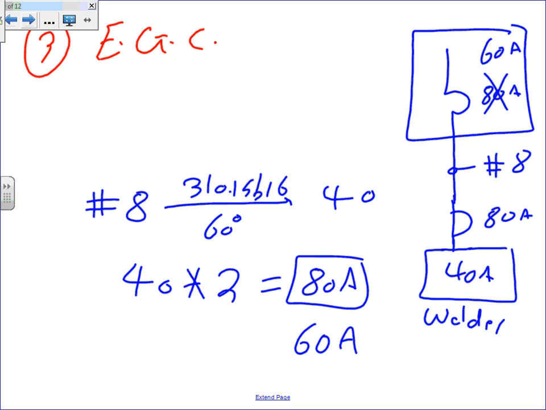It's just protecting the welder. It can never break. That's why you have to up your conductors. Then you go back to 60, 80 again, no problem. And what do you do with this? You make it 60, number 6.